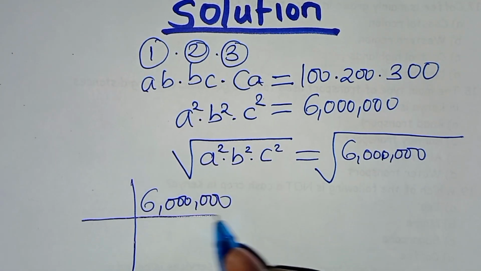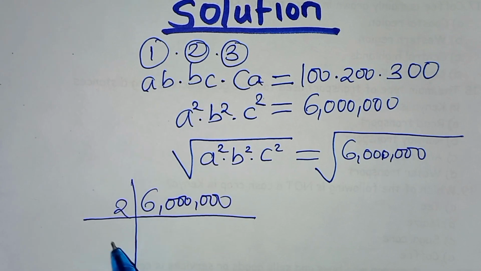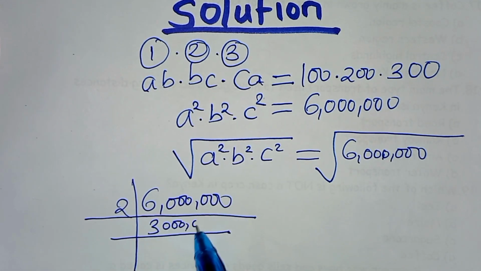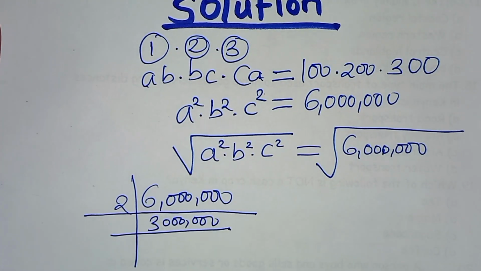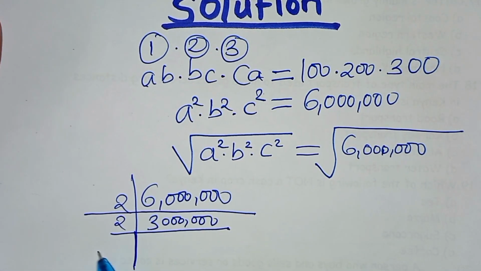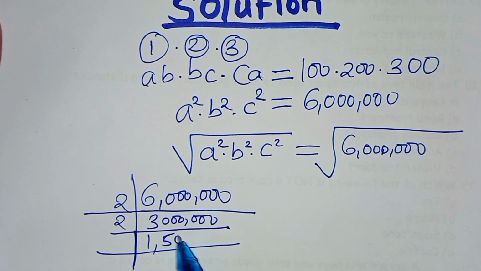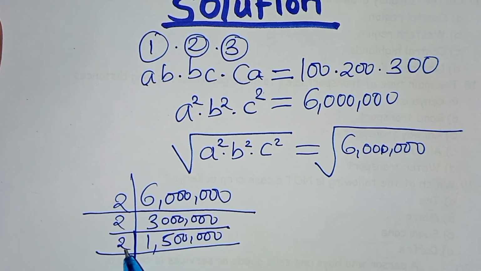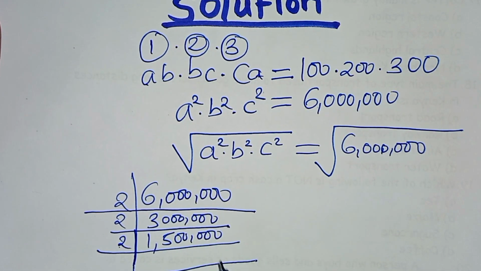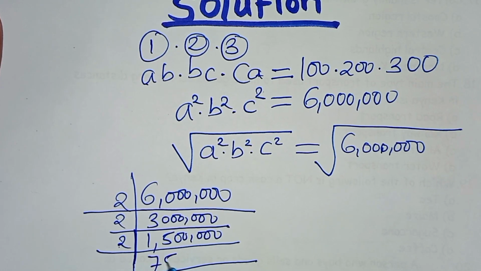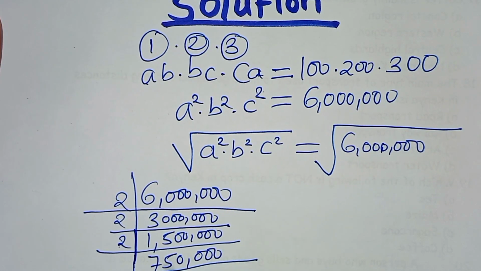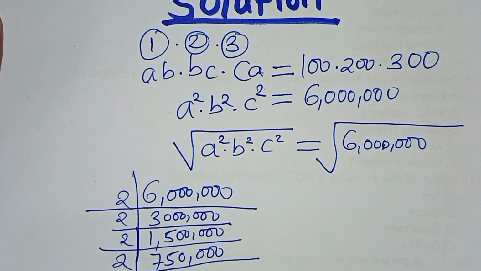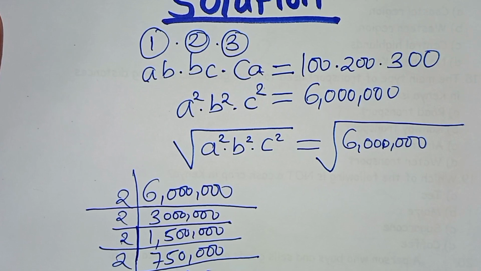Now, 6 million divided by 2 is 3 million. Again, 3 million divided by 2 is 1,500,000. Now 1,500,000 divided by 2 is 750,000. 750,000 divided by 2 gives 375,000.